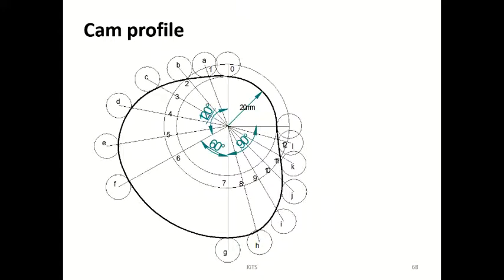As usual, take the compass. Base circle radius is 20 mm. Take 20 mm in the compass and draw this circle. See this inner circle, can you see it? The 20 mm circle.